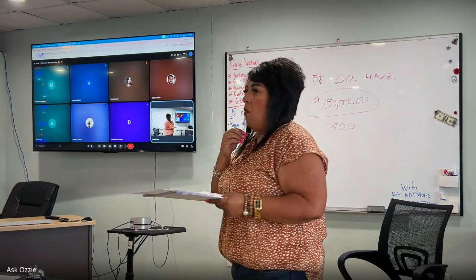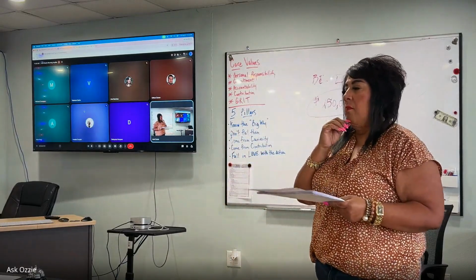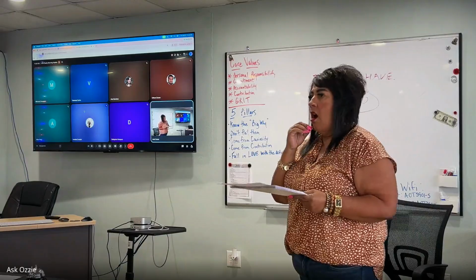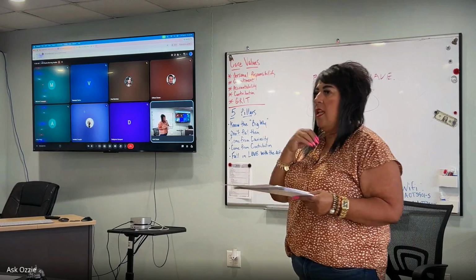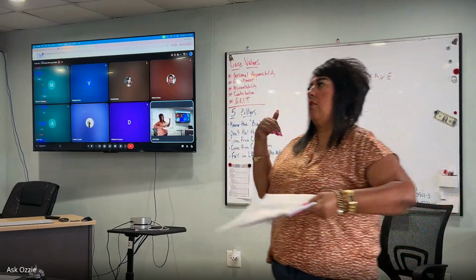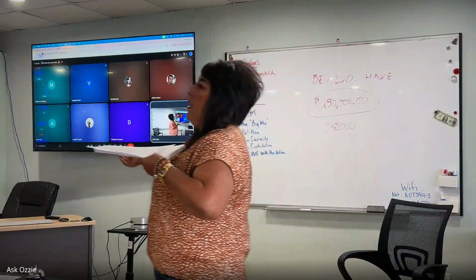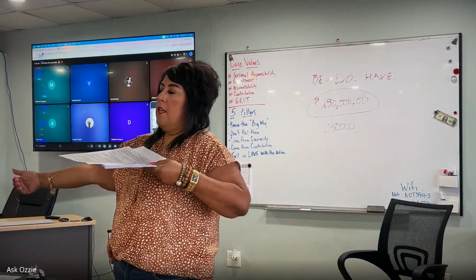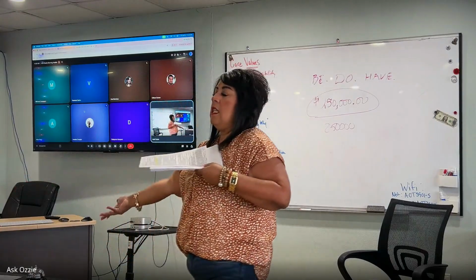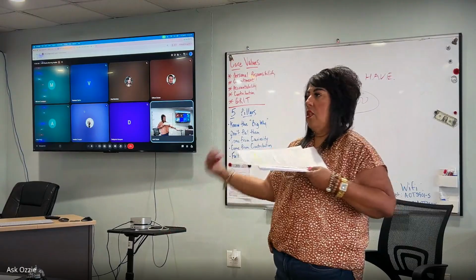I tell them that. Why? Because their approval already includes a new survey. So when they get their numbers from their lender, it is already factoring in the cost of a new survey. It's also factoring in the cost of the appraisal.